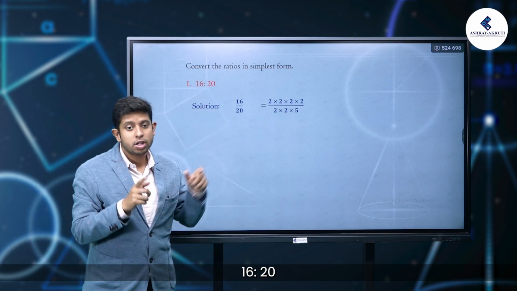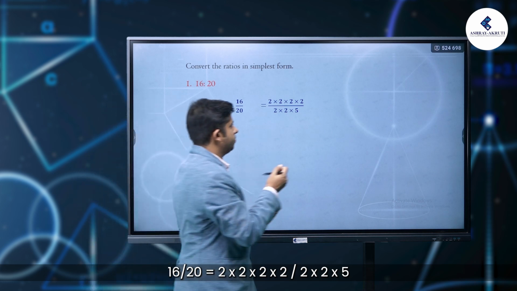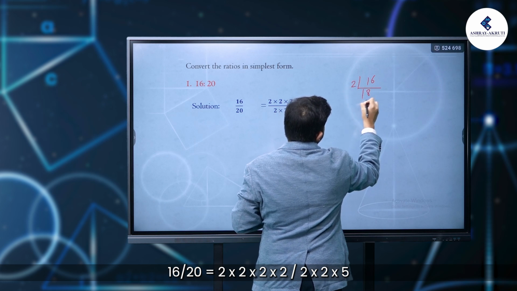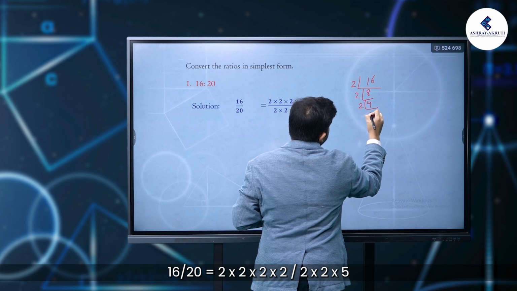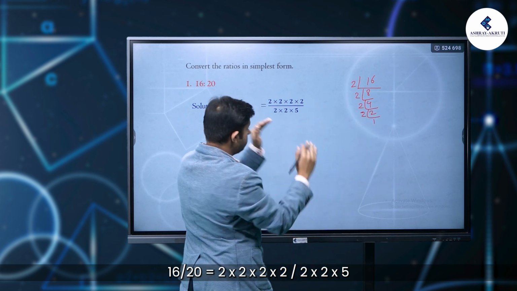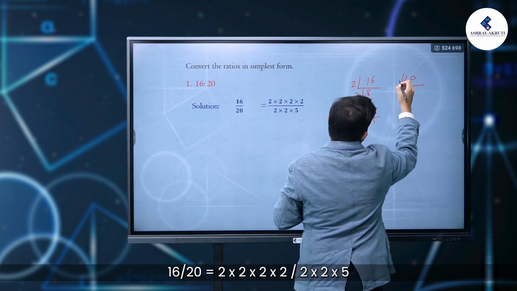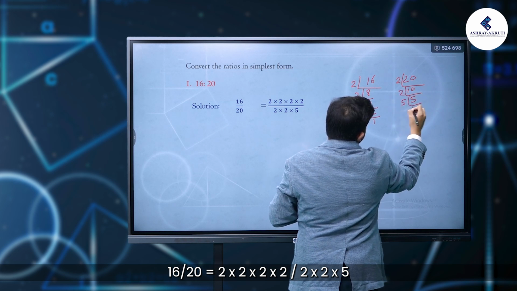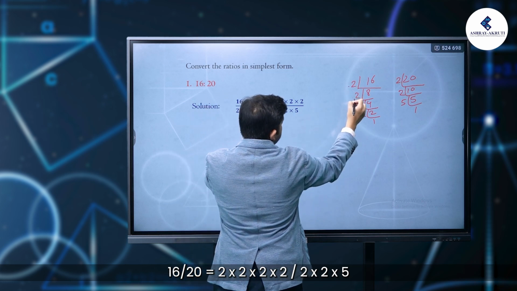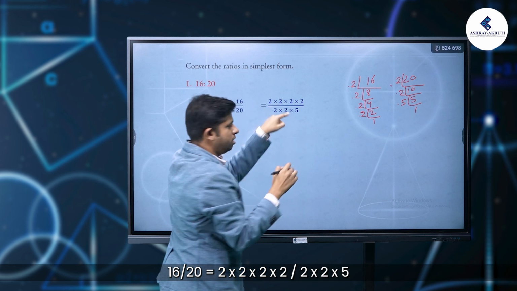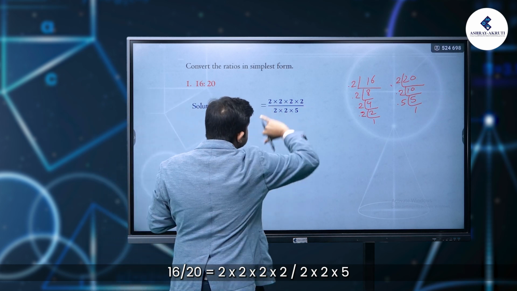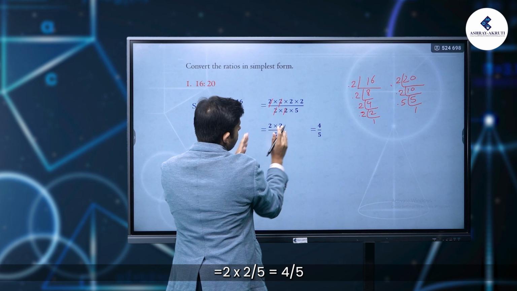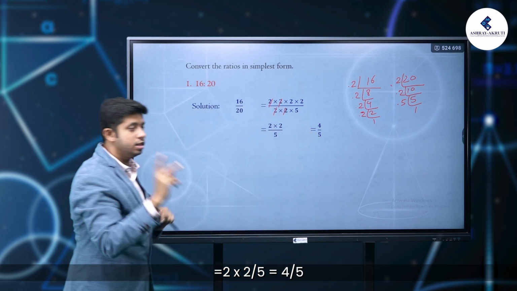16:20. Solution. 16 by 20 equals 2 into 2 into 2 into 2 by 2 into 2 into 5, which is equal to 2 into 2 by 5 equals 4 by 5.